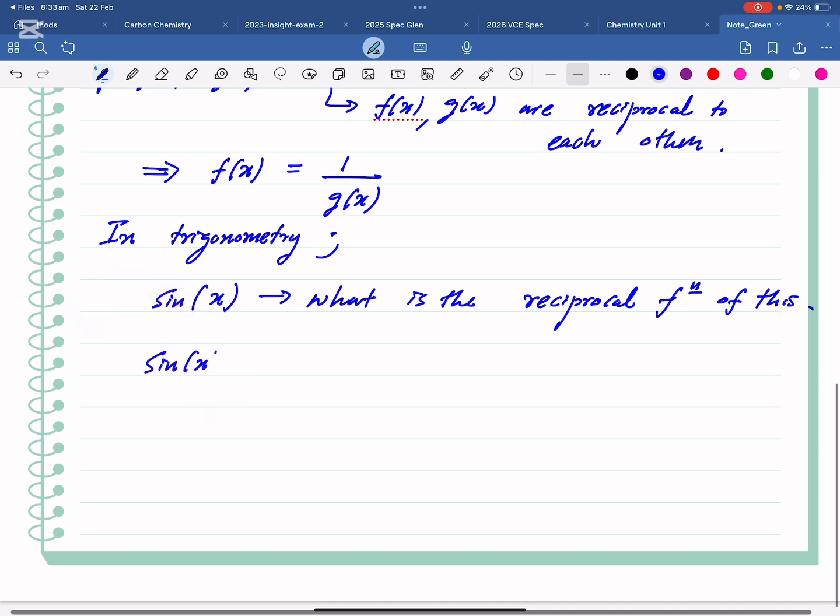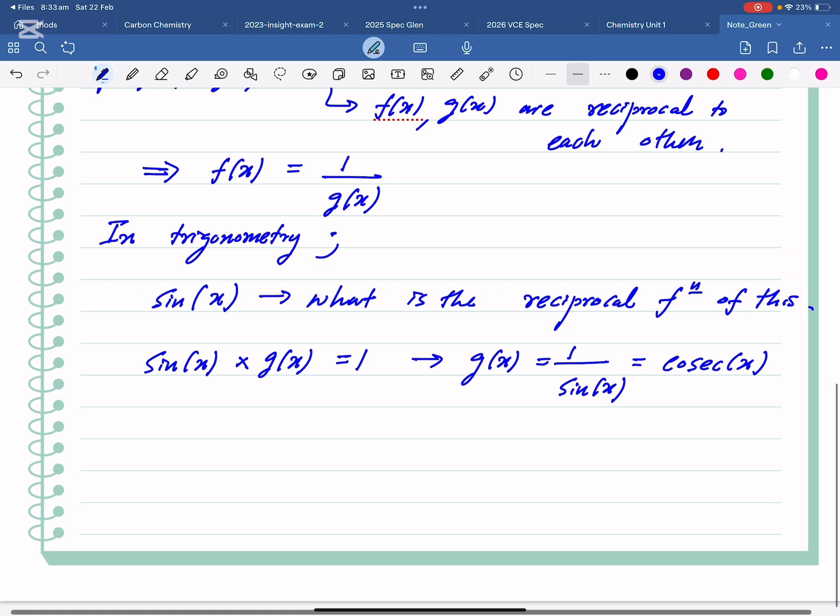Sin x multiplied with another function, suppose g(x), should be equal to 1. So this g is the reciprocal function. So g(x) is equal to 1 divided by sin x, and this whole thing is given a name, which is called cosec x. So 1 divided by sine x has a name, cosec x.